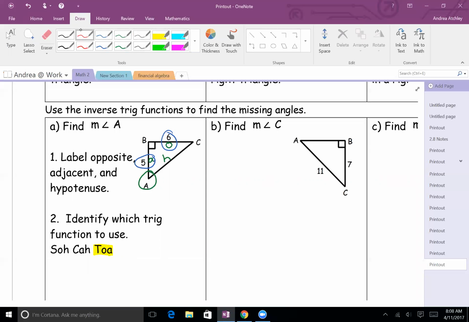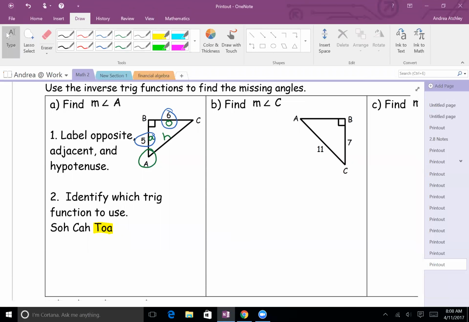Since I'm trying to find the angle, we're going to use the inverse tangent. So the inverse tangent of A is going to equal 5 divided by 6. Opposite, oh sorry, that's wrong. Opposite is 6 over adjacent, which is 5. Opposite over adjacent.